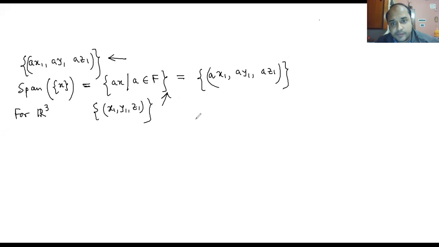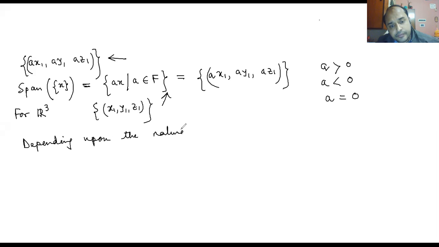A is the scalar quantity which can be positive, which can be negative, or which can be equal to 0. Now, depending upon the nature of a, the span of X will give you 3 cases.